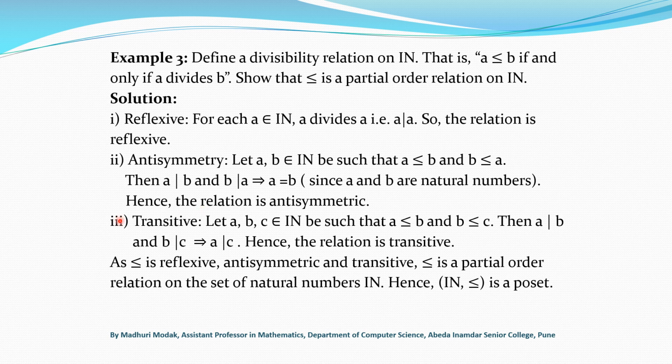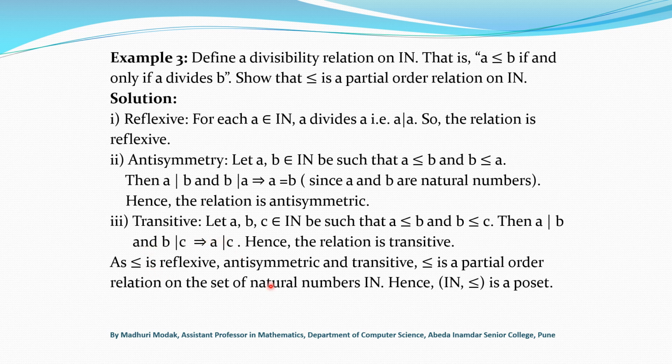Now for transitivity, we take three numbers a, b, c in N such that a is related to b and b is related to c. Means a precedes b and b precedes c. So by definition, a divides b and b divides c implies a divides c. Means a precedes c. So the relation is transitive.